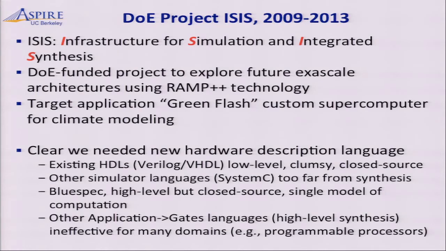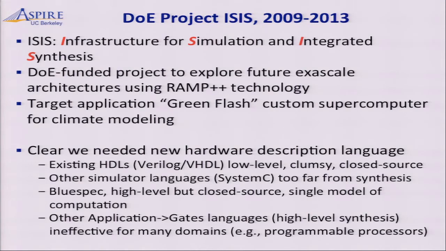There was interest from the DOE, and the motivation there was they wanted to explore future exascale architectures using RAMP-style technology. One of the target applications was this Green Flash system. The idea there was if it's going to take many tens of megawatts to run a supercomputer, the electricity bill is pretty expensive, so maybe it's better to spend some of that money designing a more efficient chip and save energy.